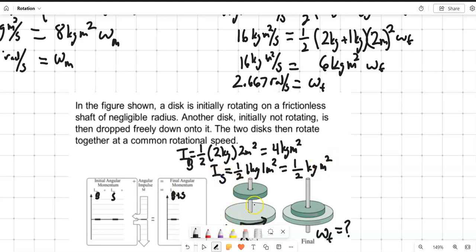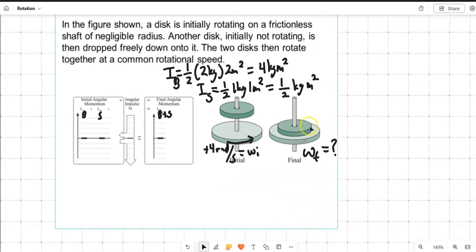So this big disk is spinning, the small disk is not spinning, but it's going to fall and stick to the big disk. And in the end, they want to know what is the final angular velocity in this case. So given these values, why don't you pause the video and try it out.